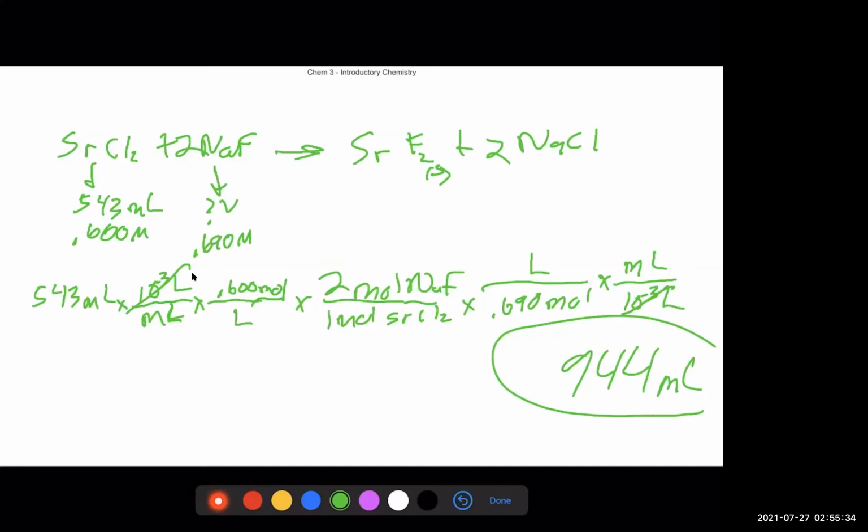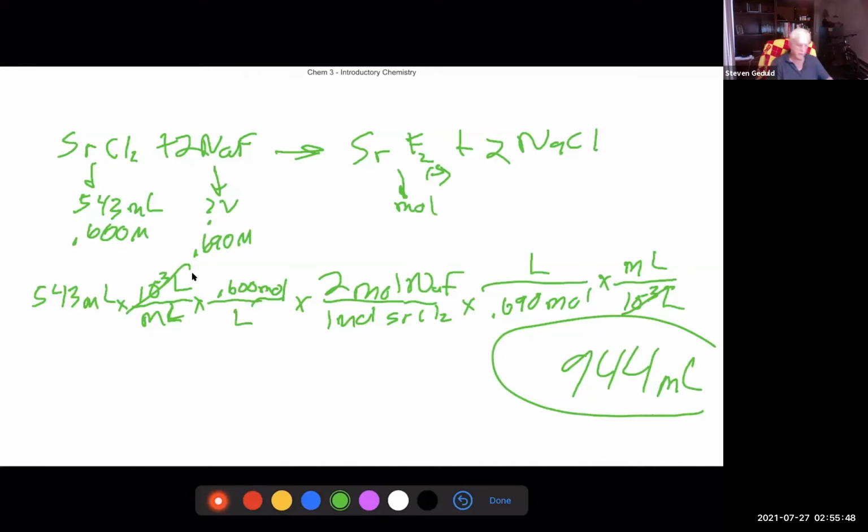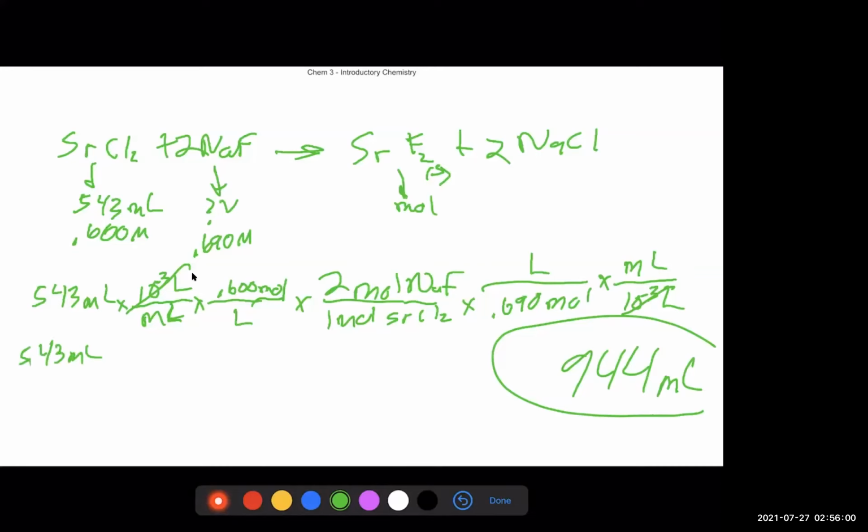And then it's asking how many moles of SrF2 are formed from this reaction. So you want to know how many moles of that you're going to have. Just use the same form we have. We have 543 milliliters.